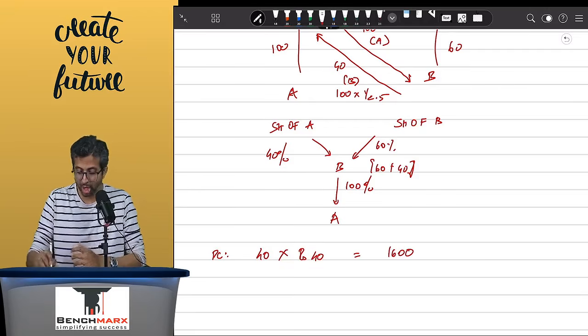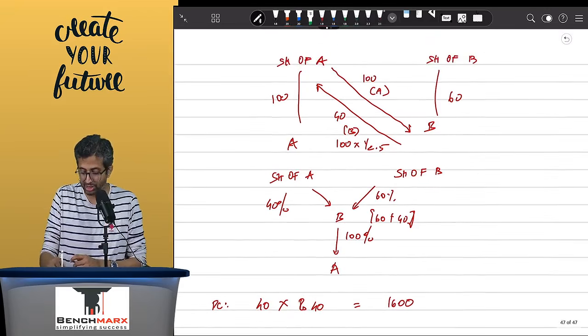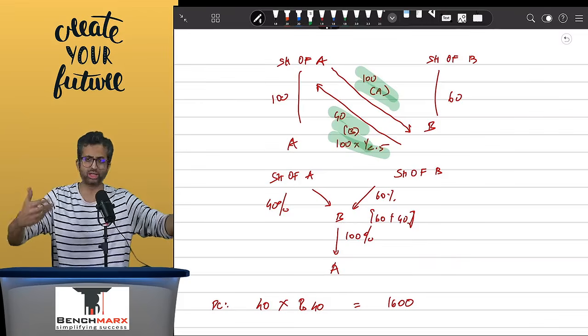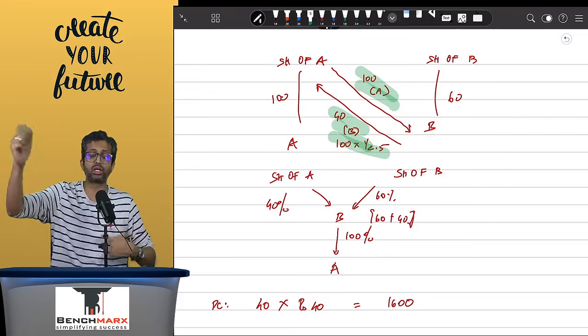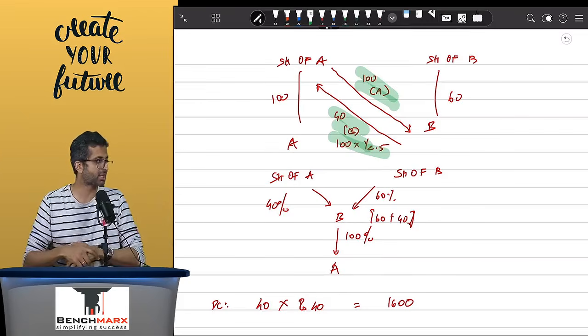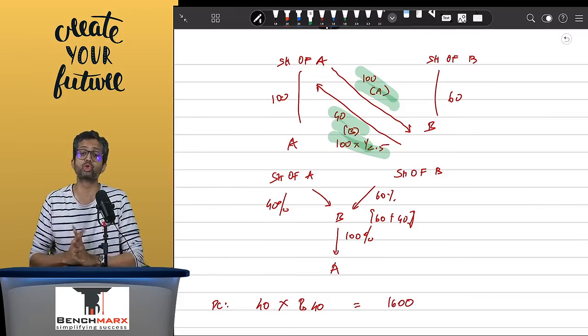Another way is we can say that, well, ultimately both of these are part of the same transaction. On one hand you are giving 40 shares, on the other hand you are receiving 100. So PC can be either of these. Which of the two? Well, as per 113, whichever method maximizes the use of observable inputs and minimizes the use of unobservable inputs.